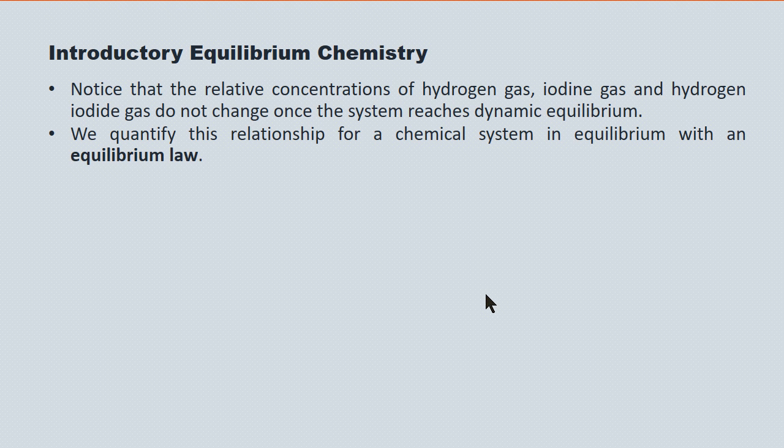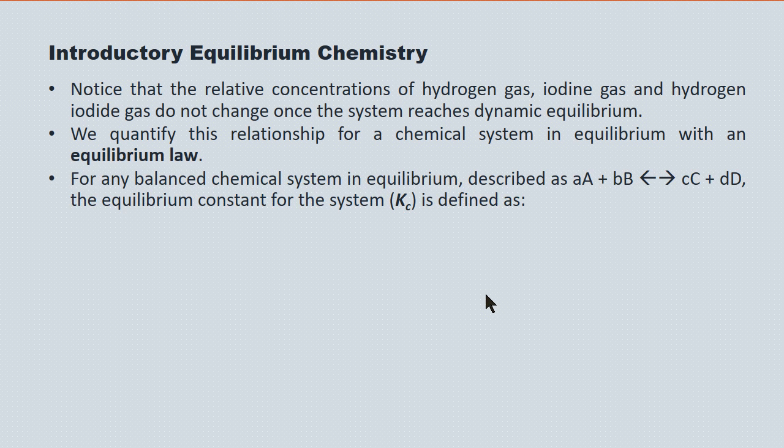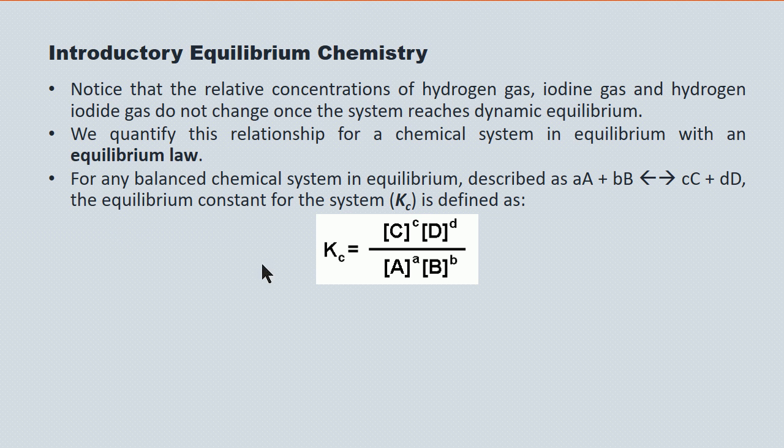We can quantify their relative concentrations using what's called an equilibrium law. To state the equilibrium law, it looks like this. For any balanced chemical system in equilibrium, described as A plus B in equilibrium with C plus D, the equilibrium constant for the system, designated Kc, is defined as follows.